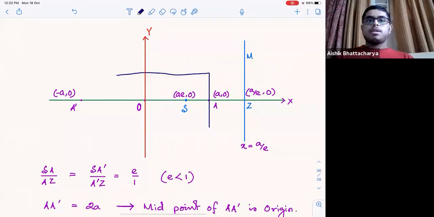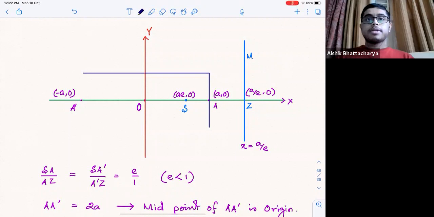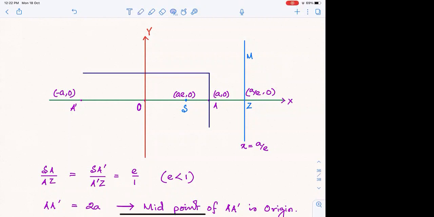The vertices of the rectangle should be a comma b, a comma minus b, minus a comma b, and minus a comma minus b. The rectangle will have these vertices.